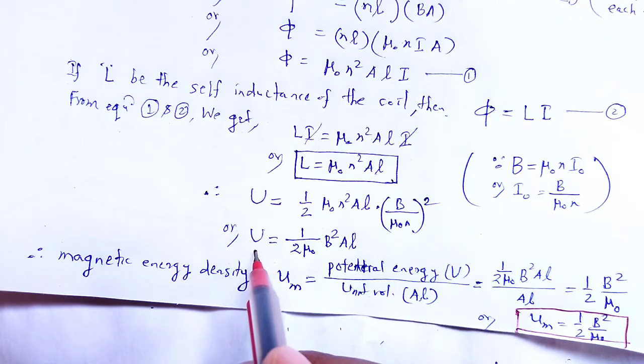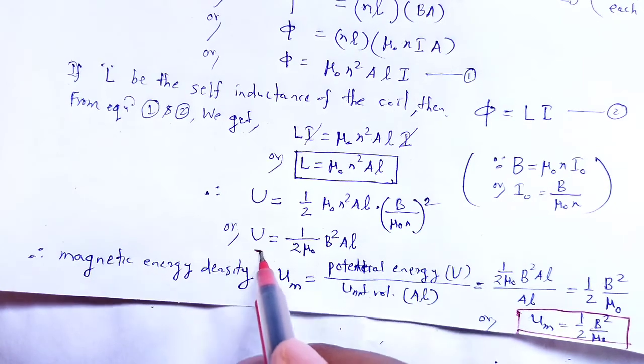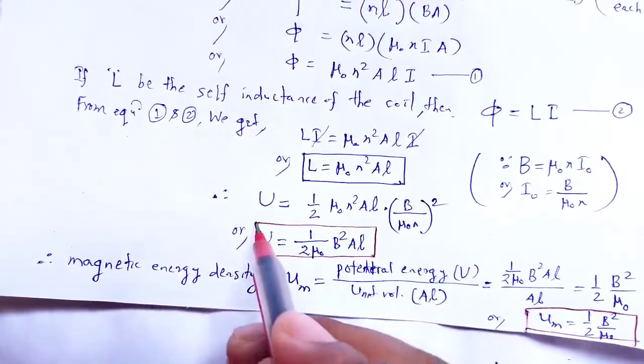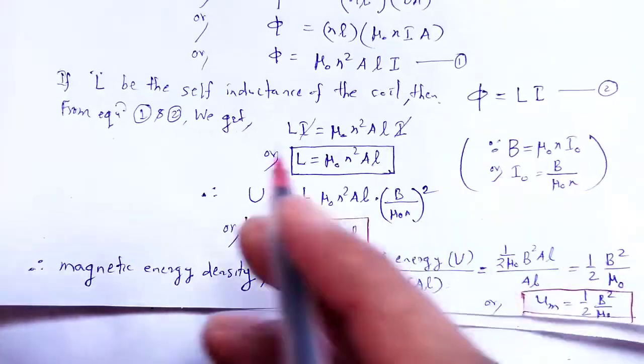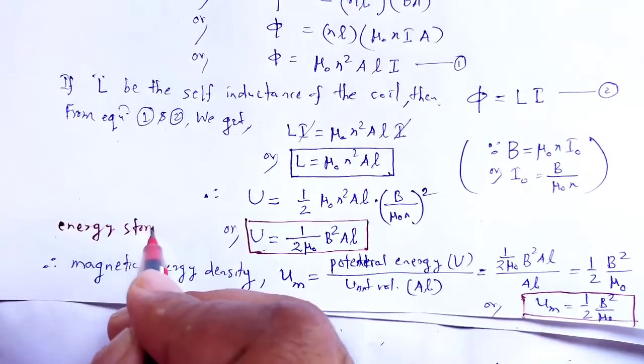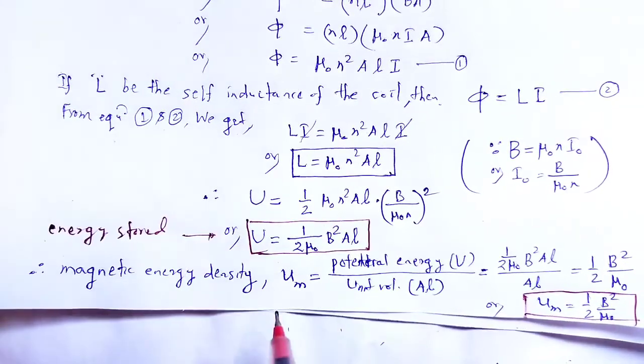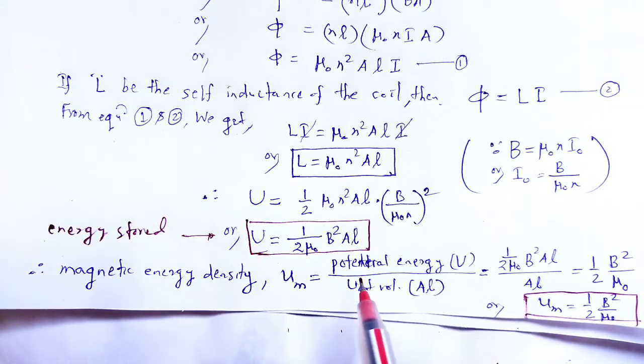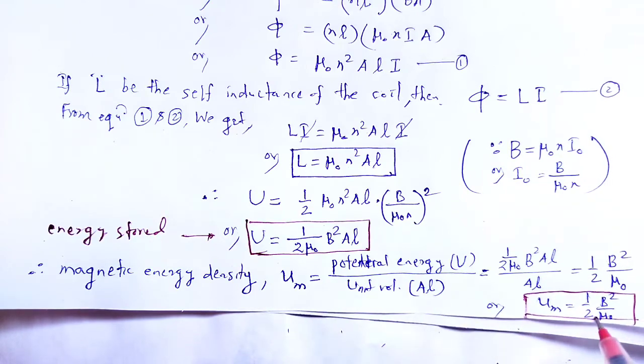That is the energy stored in the solenoid, the magnetic energy density, potential energy per unit volume.